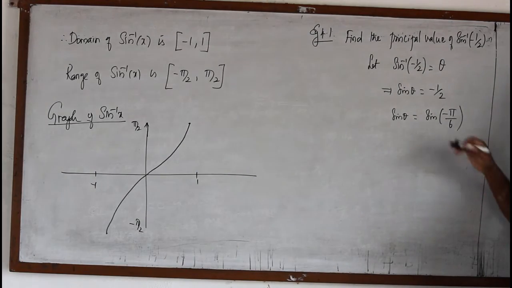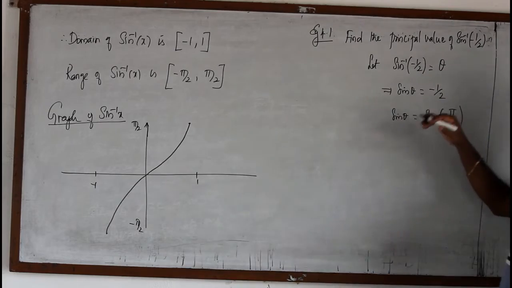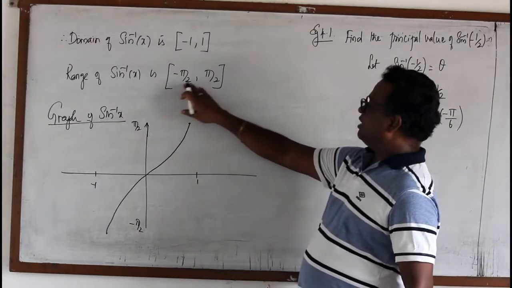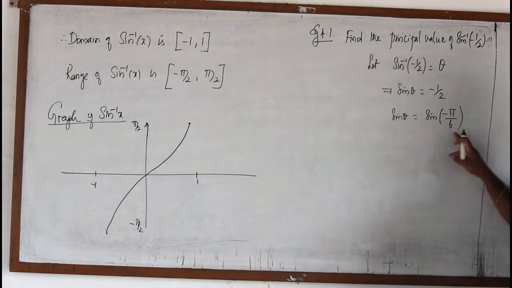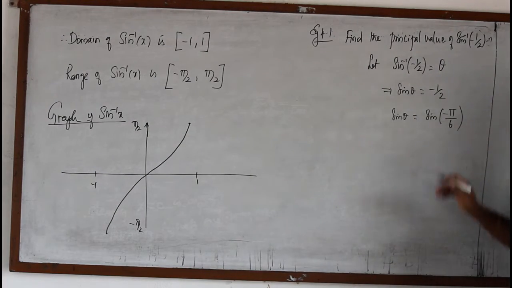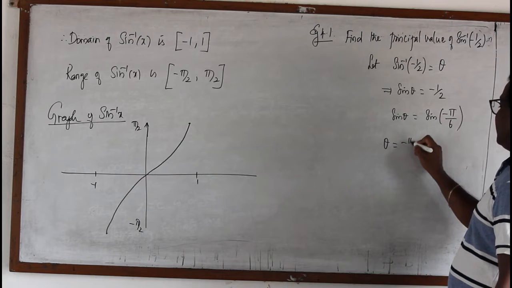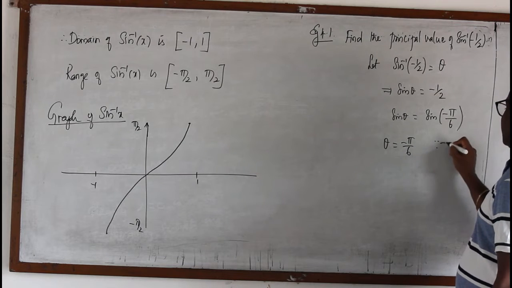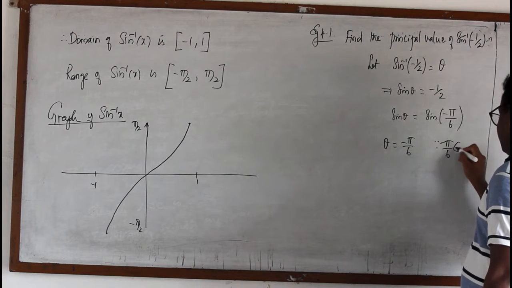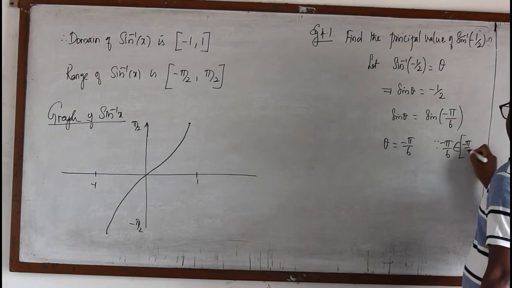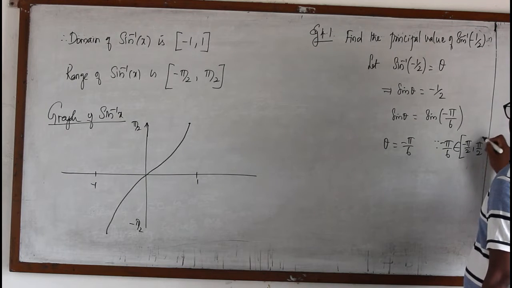Now we have to check whether this minus pi by 6 can be taken by sine theta. The range is from minus pi by 2 to plus pi by 2, and minus pi by 6 lies in it. Therefore, theta equals minus pi by 6, since minus pi by 6 belongs to minus pi by 2 to plus pi by 2.